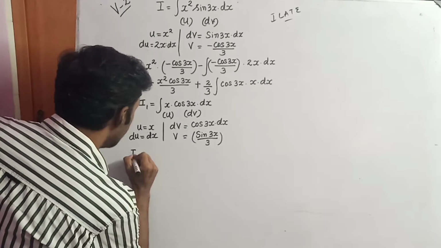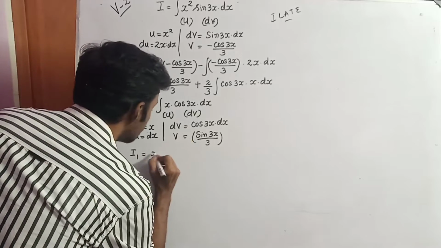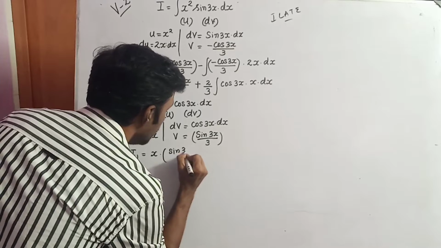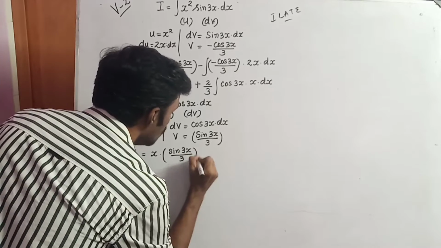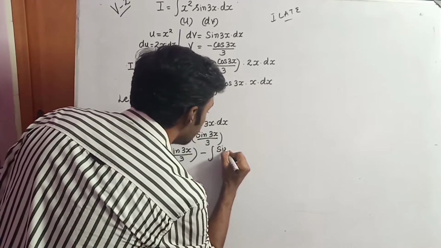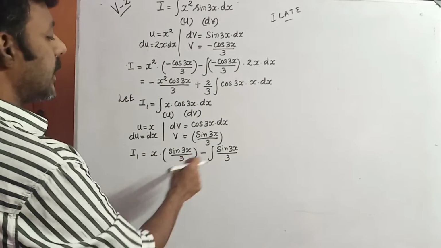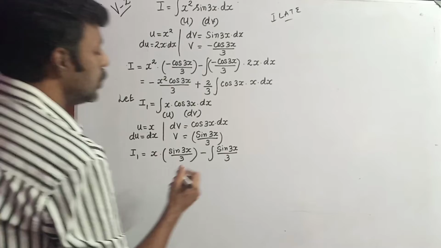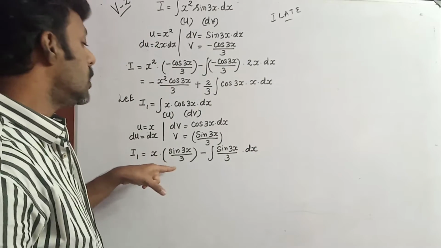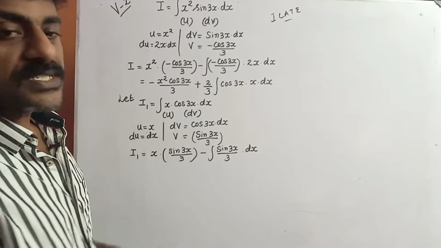So I1 is equal to uv minus the integral of v into du. Here u is x, and v is sine 3x divided by 3, du is dx.